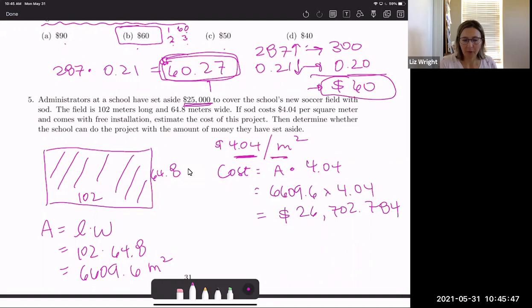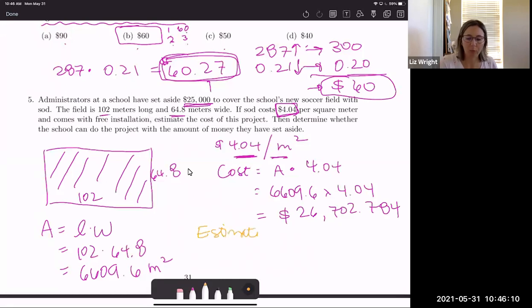So here, let's be careful, because when I look at this, I think maybe we could do 100 times 65 and then multiply it by 4. And let's see if that would get us there. But I don't know. We're going to find out if that estimate's kind of low. So here's our estimate.